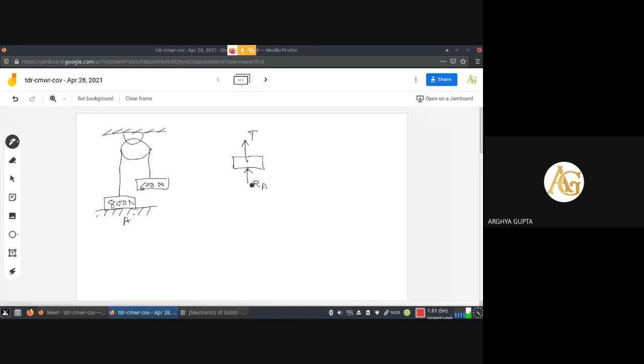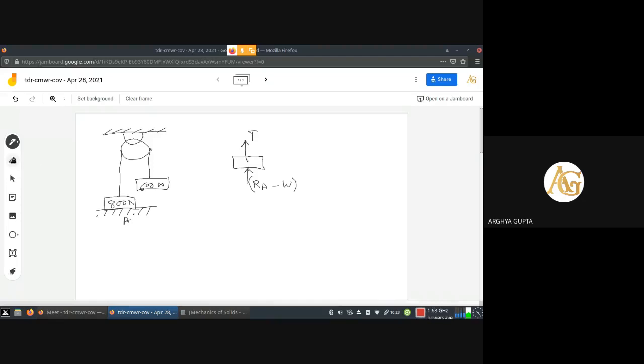So here we cannot show the weight, or I can show RA minus WA because weight will be in the opposite direction. In this manner, this can be shown also.